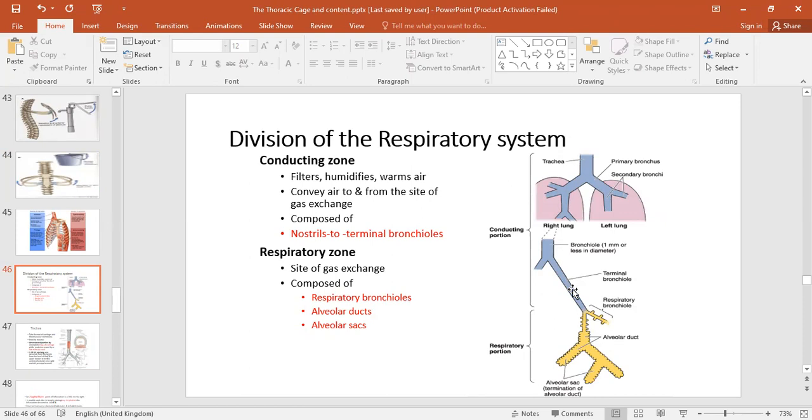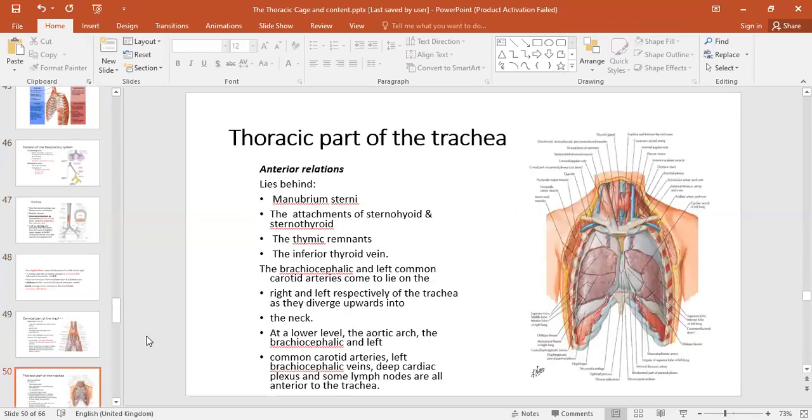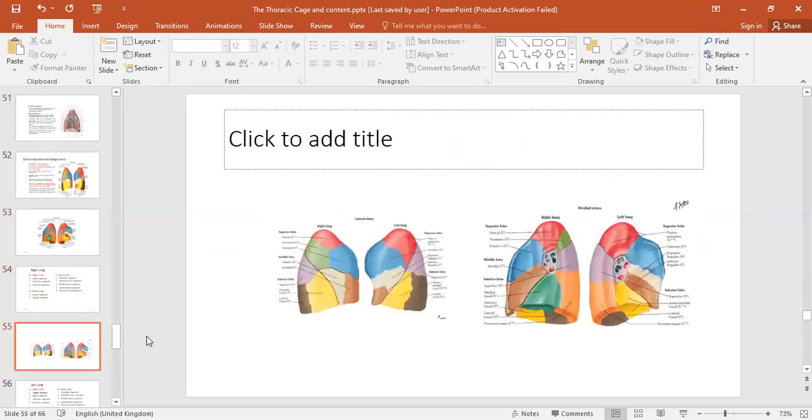Then from there, they keep on dividing and getting smaller, and finally give us respiratory bronchioles. It is the respiratory bronchioles that are part of the respiratory portion where gaseous exchange takes place. Then from there, we have alveolar ducts connecting to alveolar sacs. Even those 2 structures are involved in gaseous exchange.